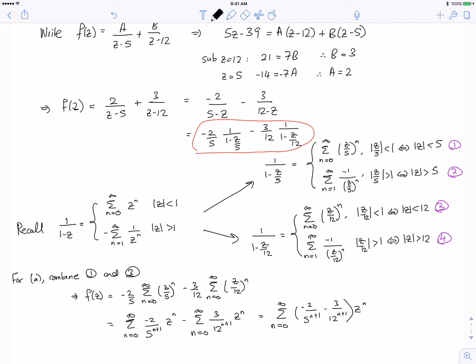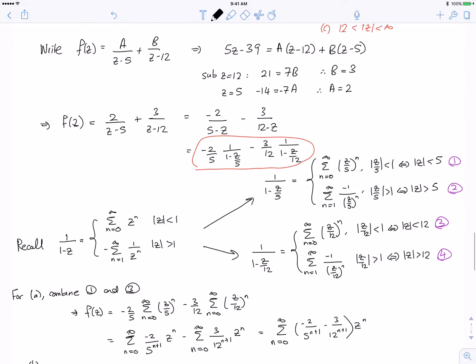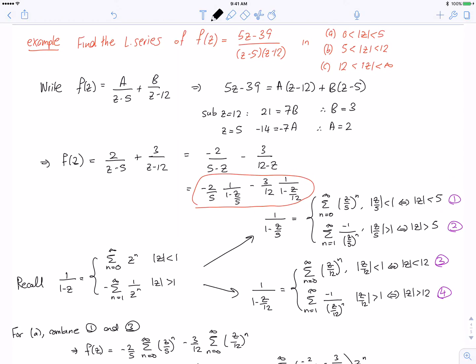Now for part B, let's have a look. For part B, I want the modulus of z to be between 5 and 12. So I want the modulus of z to be greater than 5, and I want the modulus of z to be less than 12. So I can just combine series 2 and 3, right?